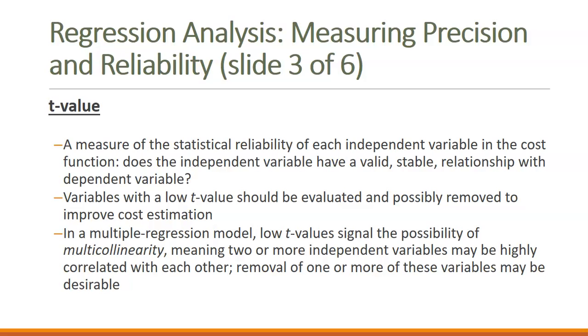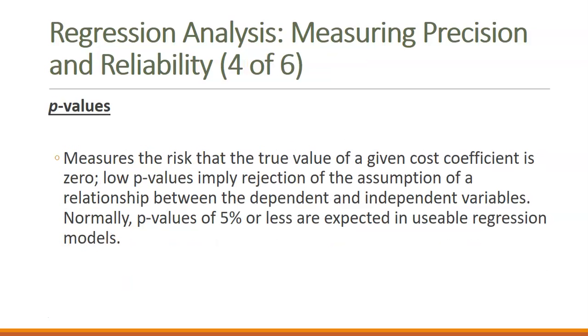We might not have selected the best relationship in our cost equation. P-values look at the risk that the true value of a given cost coefficient is 0. So low p-values imply rejection of the assumption of no relationship between the dependent and independent variables. Normally, p-values of 5% or less are expected in our usable regression models.